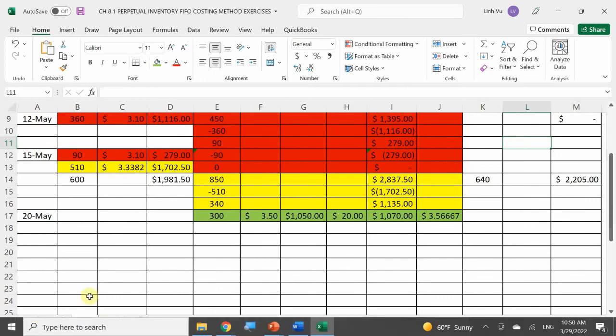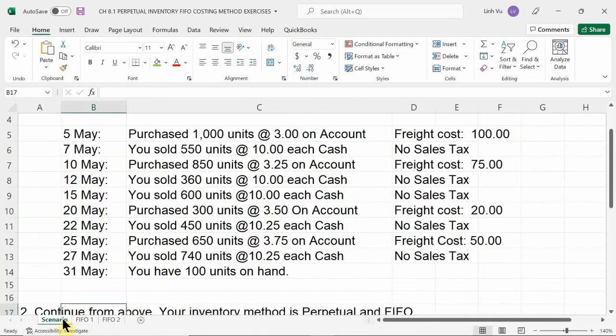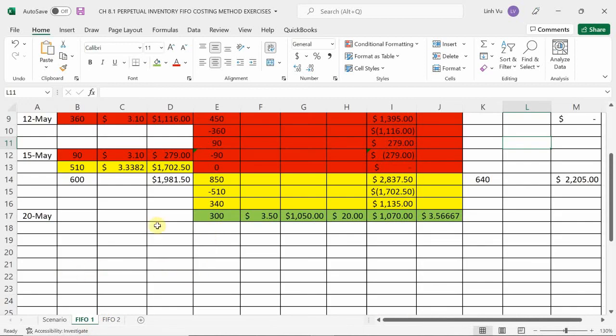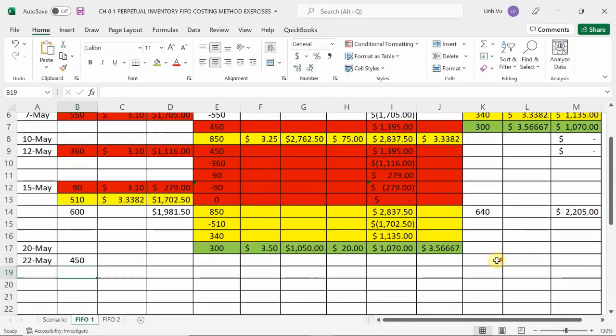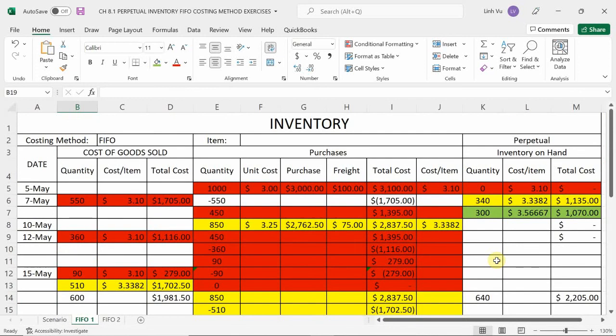So let's take a look at the next thing. Next we have here is going to be May 22nd. We end up selling 450 units. So May 22nd, we need to sell 450 units. Now let's take a look at my batches of inventory. I have 640 units, that's for sure.